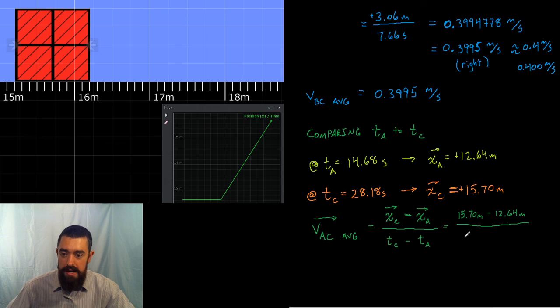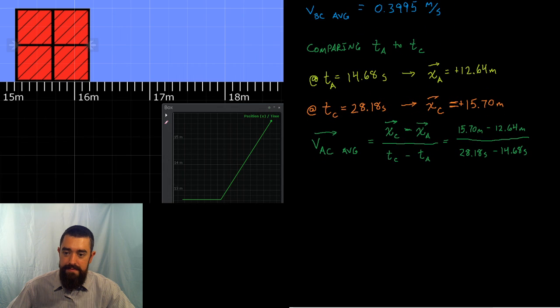And I'm dividing by the time, 28.18 seconds minus 14.68 seconds. Let's do that calculation in our calculator. I'm going to do it all in one step, but I'm going to need parentheses. So something about calculators.